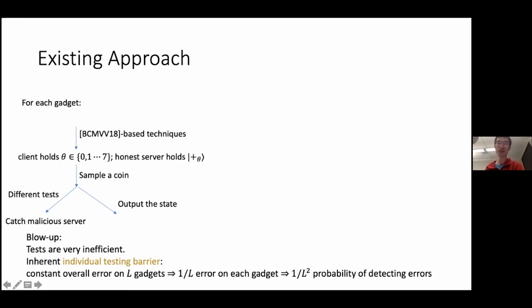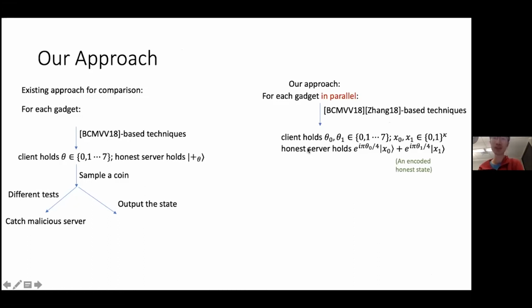So what do we do? Our approach is as follows, and we will put the existing approach on the left-hand side for comparison. The first difference is that, unlike the existing approach, we will do the following in parallel.